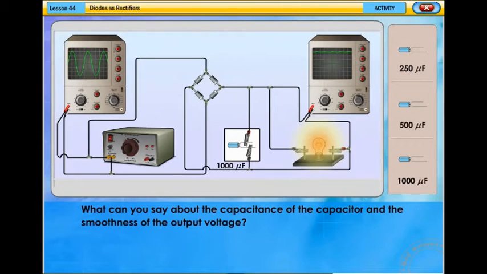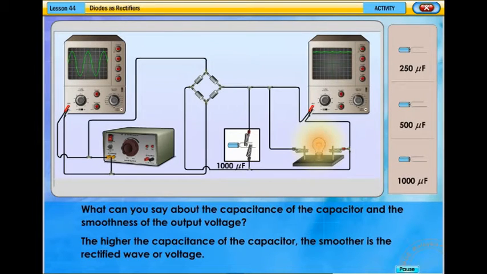What can you say about the capacitance of the capacitor and the smoothness of the output voltage? The higher the capacitance of the capacitor, the smoother is the rectified wave or voltage.